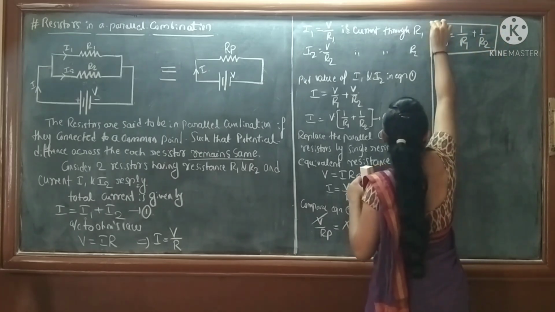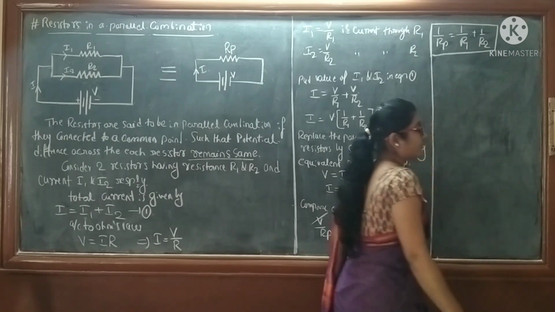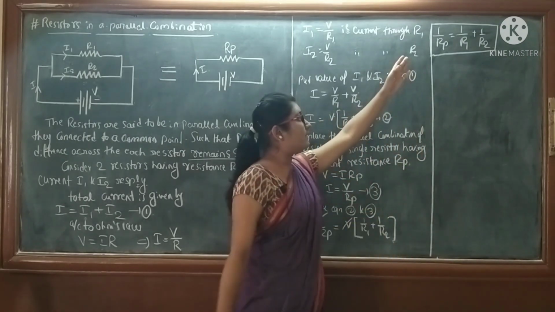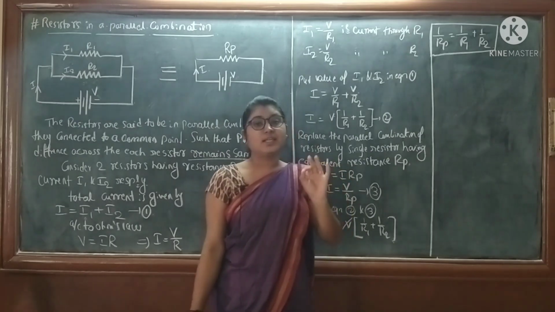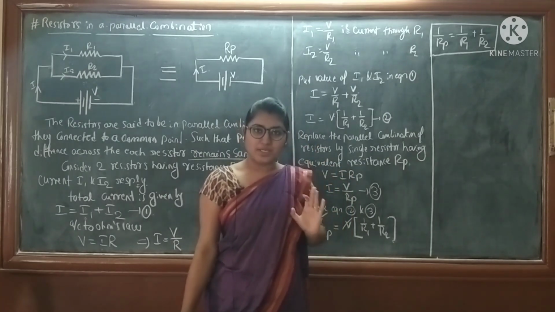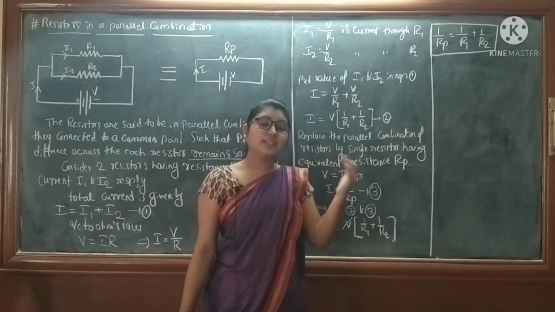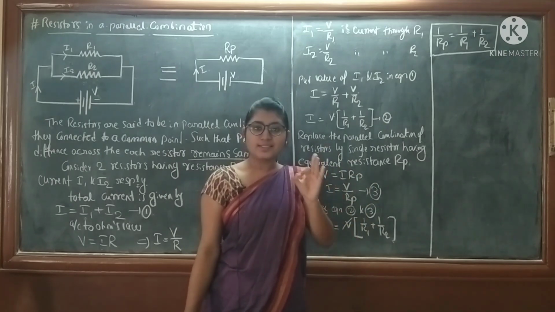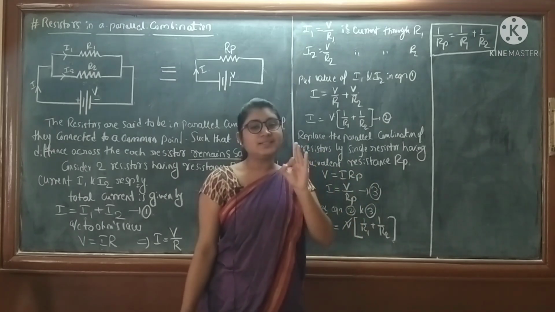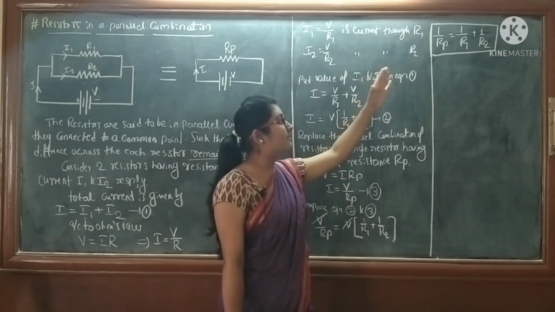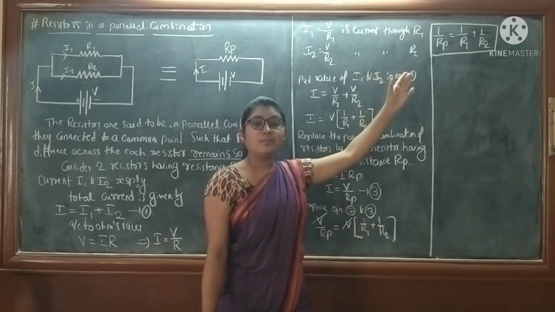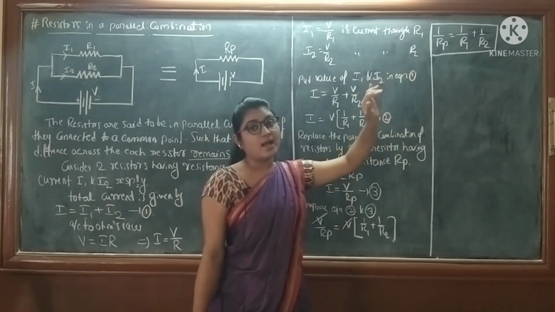This is our main equation. Correct? Yes. So 1 by RP means the effective resistance in a parallel combination. In series, we got RS is equal to R1 plus R2. Similarly here, 1 by RP is equal to 1 by R1 plus 1 by R2.